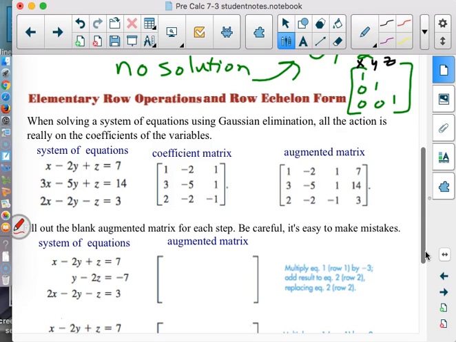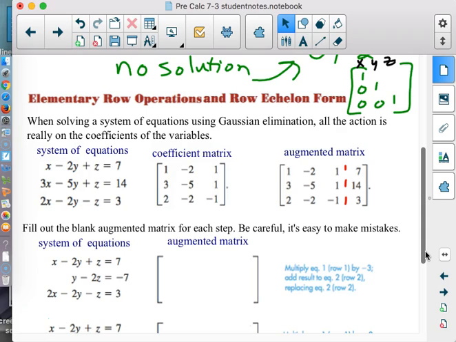And one of the things we want you to do is something that every other book I've ever studied on matrices does, and that is you separate your coefficient and your augmented matrix by just a dashed line to let you know, hey, all of this stuff to the left here, that was my coefficients.